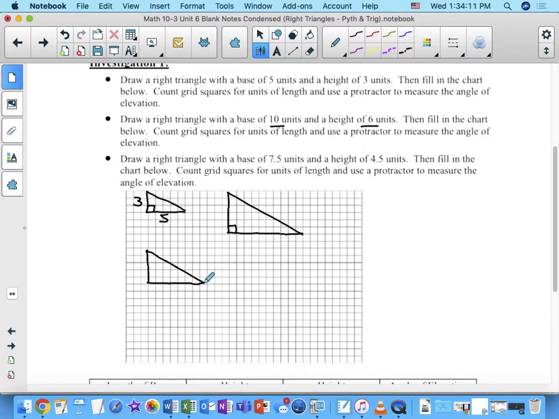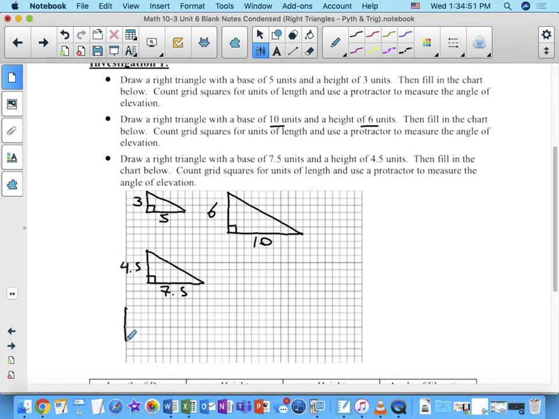And there's my third one. So this is 6, this is 10, this is 4.5, this is 7.5. So what I did is I started the height halfway between a square, and then I went down 1.5, 2.5, 3.5, 4.5. And then I went over 7.5. Okay? So you're going to draw those 3 triangles.